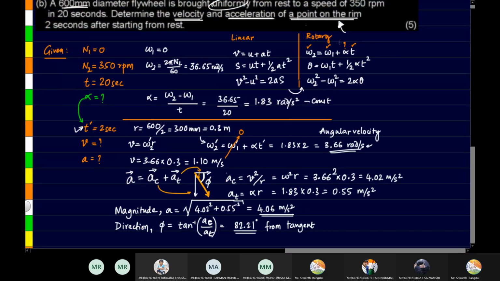Most students will just find the angular velocity and the overall acceleration, but then you're only partly solving the question. If you want to solve it completely, you should find up to linear acceleration and linear velocities. Is it clear? Any doubts here?